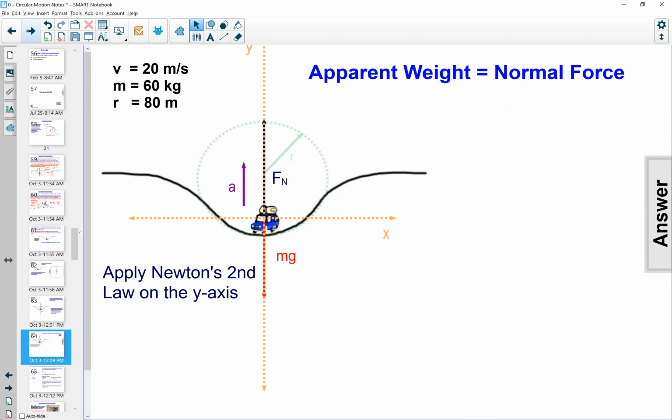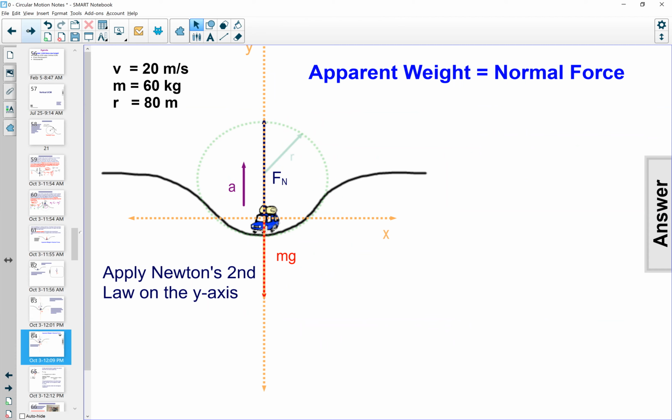All right, a reminder here that they're asking us for the apparent weight, which we know is equal to the normal force. That's what we call apparent, or the normal force is sometimes referred to as apparent weight. And we want to apply Newton's second law. Well, since it's in a curve, it is circular in nature. So we know ma can be changed to mv squared over r, because of the circular nature of this movement.